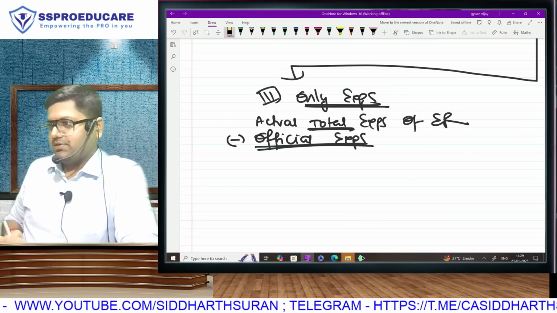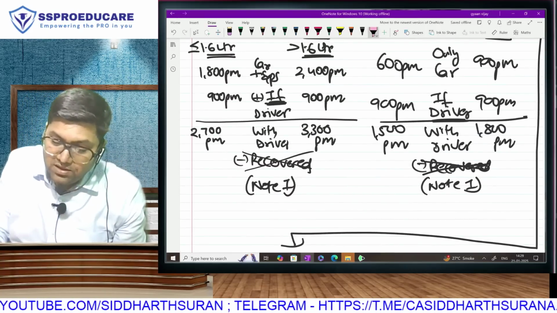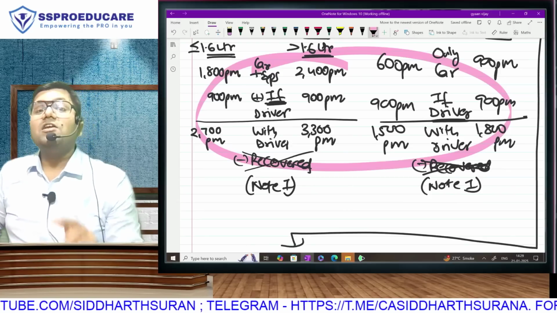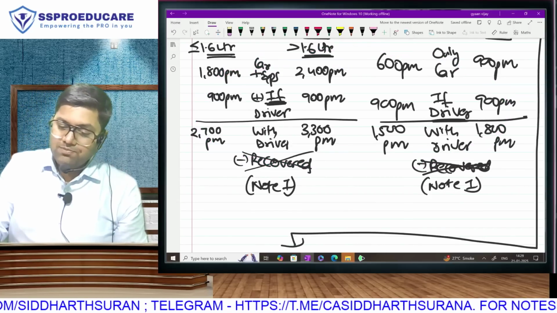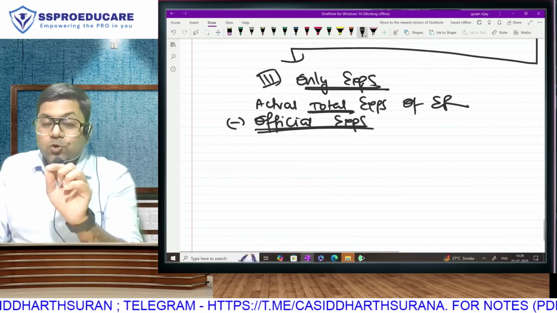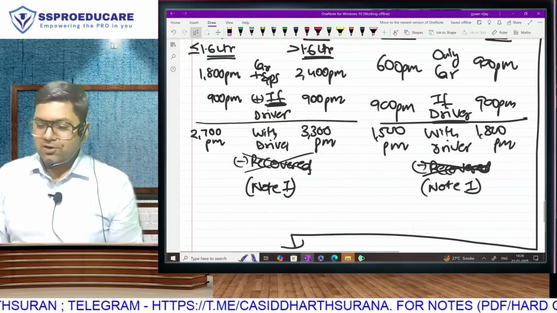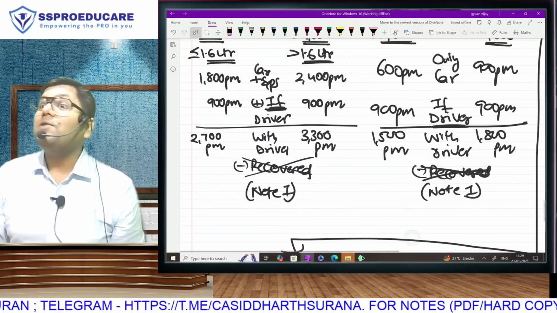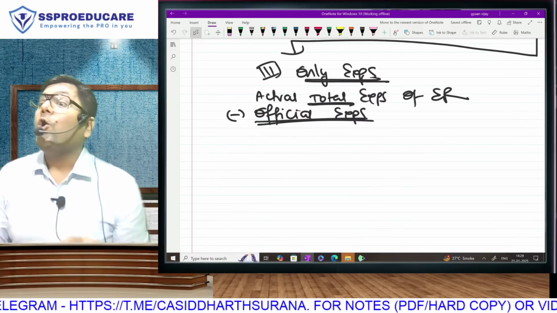You understood the twist here. So till now they directly gave you the notional value of the personal part, so you pay tax. This time they are giving you the notional value of the official part.